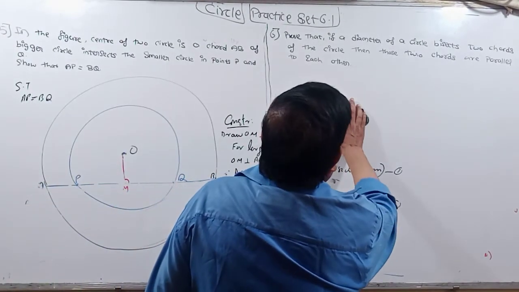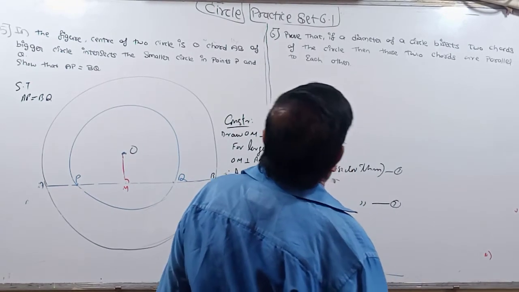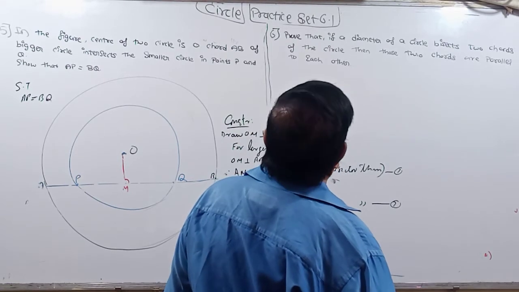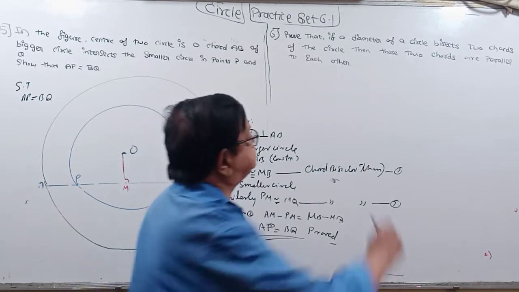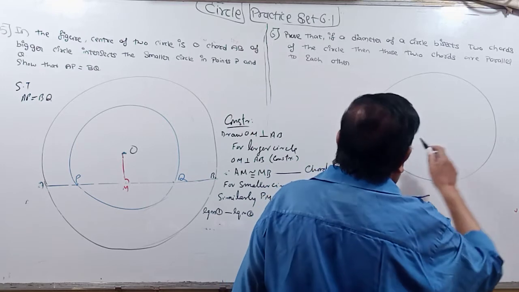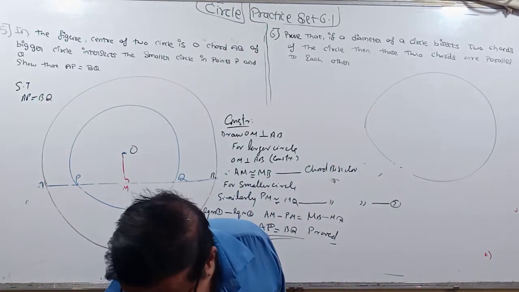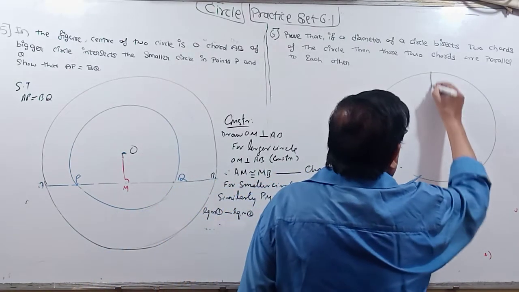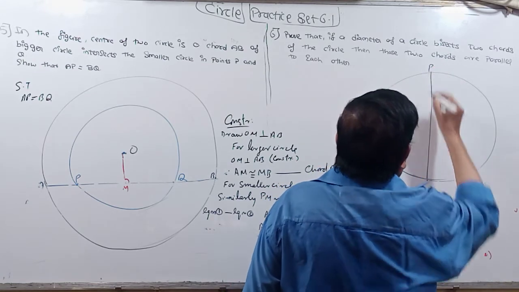Here, prove that if the diameter of a circle bisects two chords of the circle, then those two chords are parallel to each other. That's again simple. We will draw a diameter. Diameter को कुछ नाम देंगे. PQ.